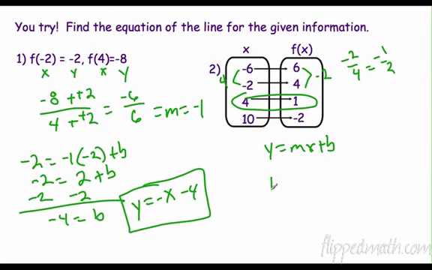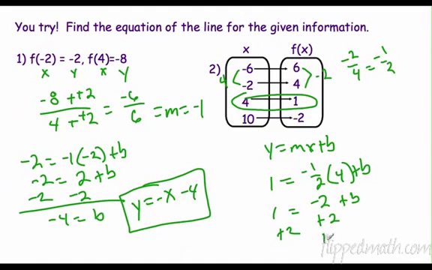So my y is 1. My m is negative 1/2. My x is 4 plus b. What's half of 4? 2. So negative half of 4 is negative 2. Add 2. And b is 3. So my equation is y equals negative 1/2 x plus 3.